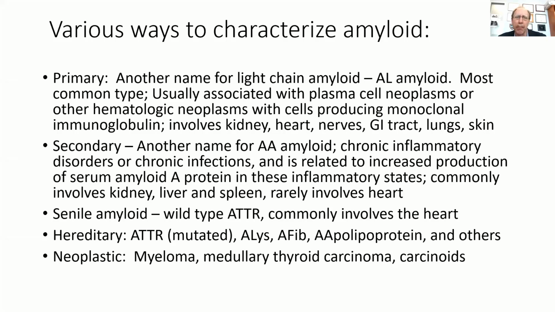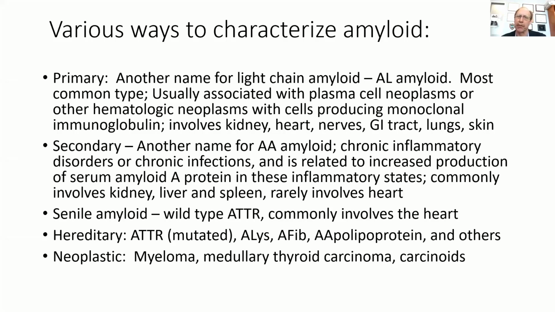We talk about primary amyloid, which is another name for light chain amyloid or AL amyloid. It's the most common type, and of course we associate this with plasma cell neoplasms or hematologic neoplasms. It tends to involve the kidney, heart, and other organs.